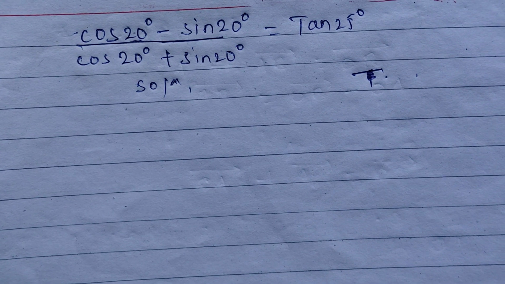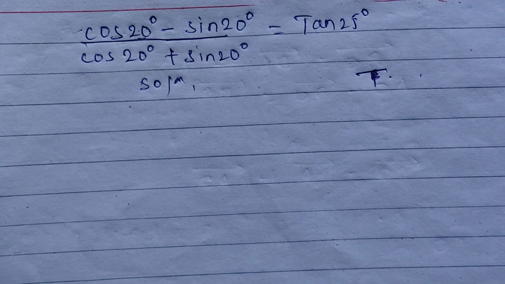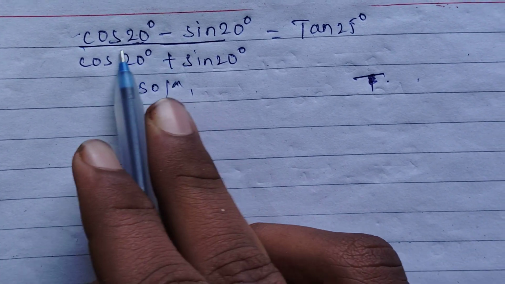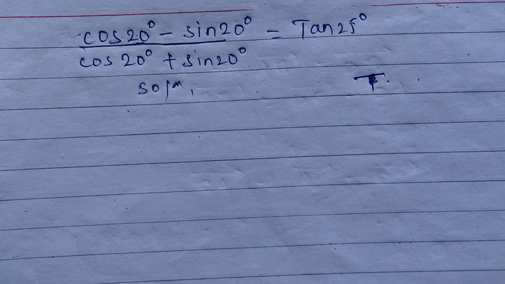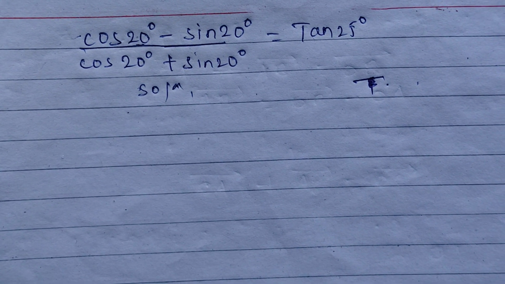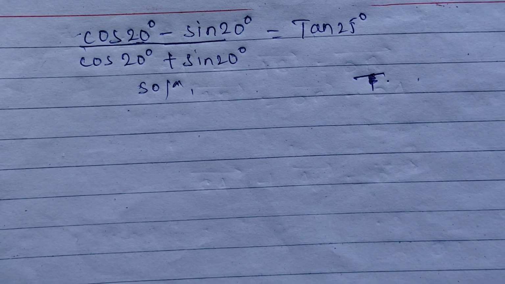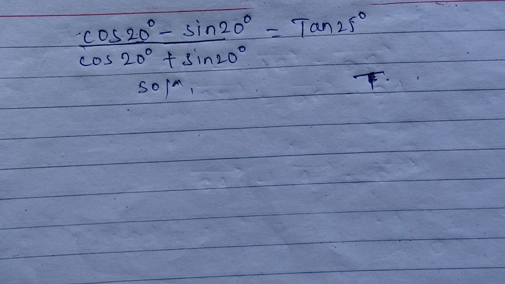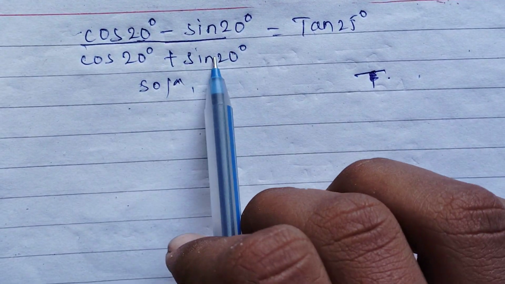If we don't know what the question is, how can we solve it? Here the LHS is complex and the RHS is so simple, but sometimes we should use our mind for the problem.